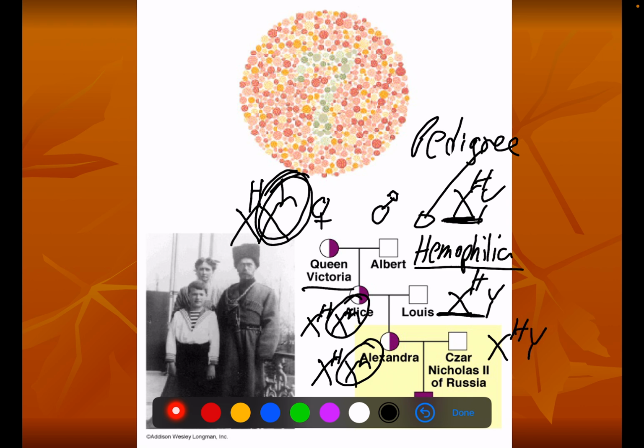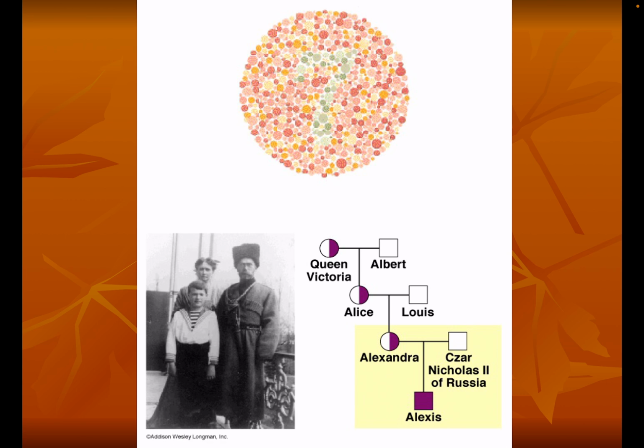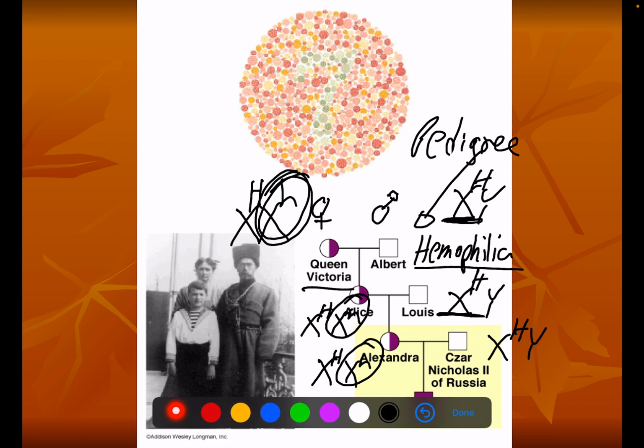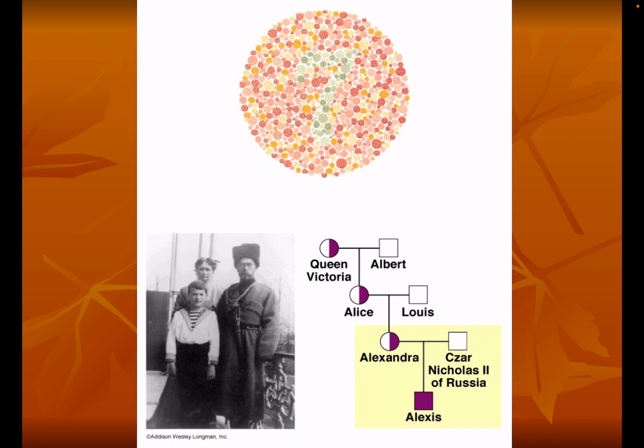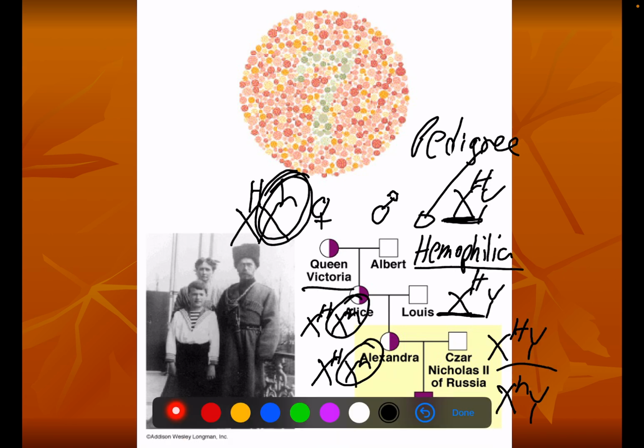He gives their son, Alexis, the Y chromosome, but mom gives Alexis the bad X. See, the bad X has been making its way through multiple generations, lands on poor Alexis, and now he has hemophilia. See how it affects males more than it does females.